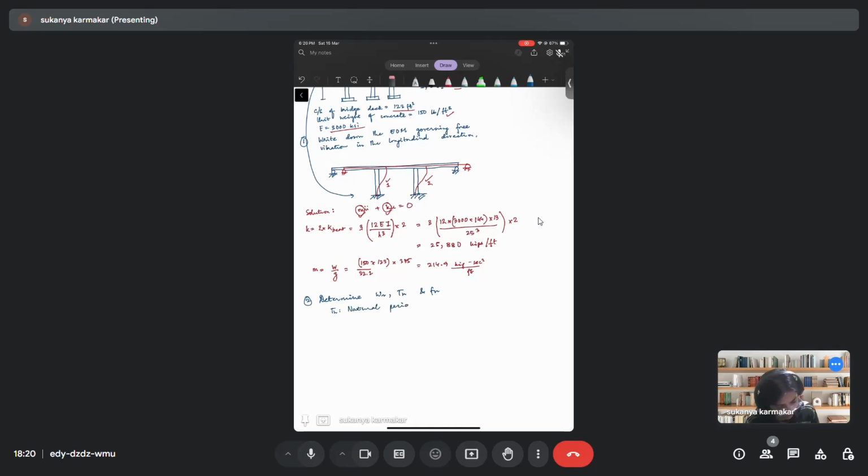Omega n is the natural circular frequency, and Fn is the natural cyclic frequency.